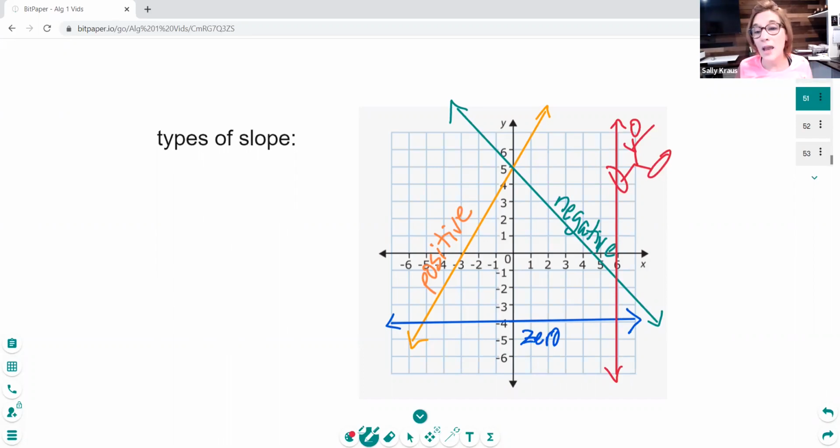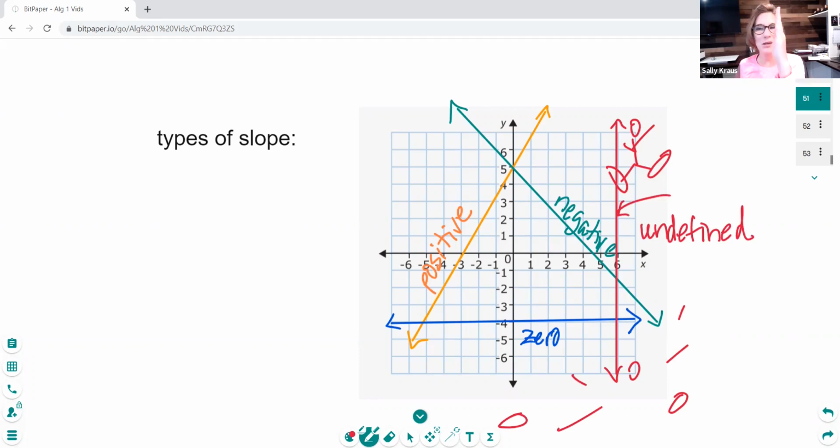So if I would have stood up and gone to the bottom of the hill that looked like that, I would have been what at the end? My skis are everywhere. I would have been undefined at the bottom. So when you have a line that's straight up and down, that slope is undefined. So I know it sounds like craziness, but you can remember that this way.